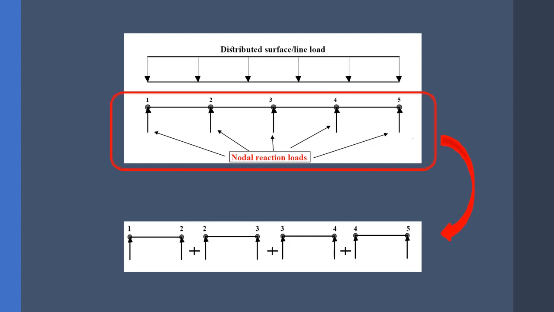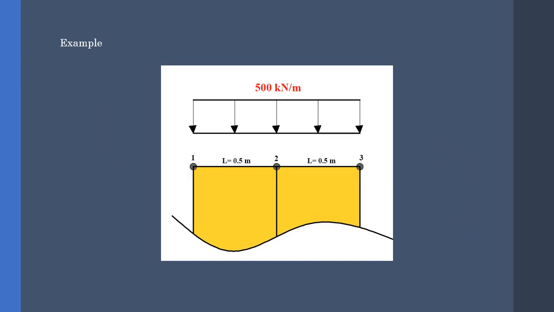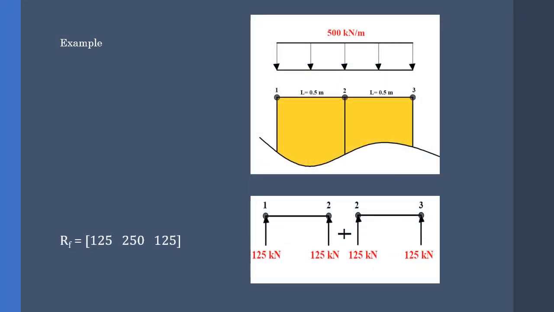Now we can use the finite element method to obtain nodal reactions and put them together. For example, if we have two elements that have the following distributed load, the nodal reaction force will be according to this. This vector here is identical to the equivalent nodal force vector.